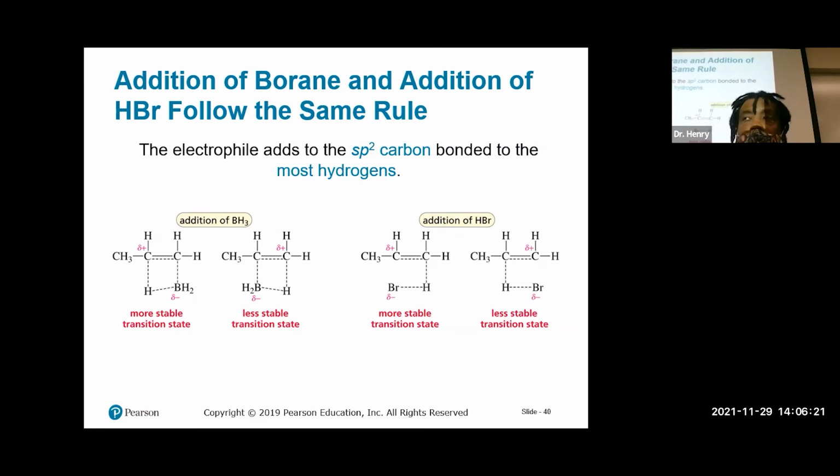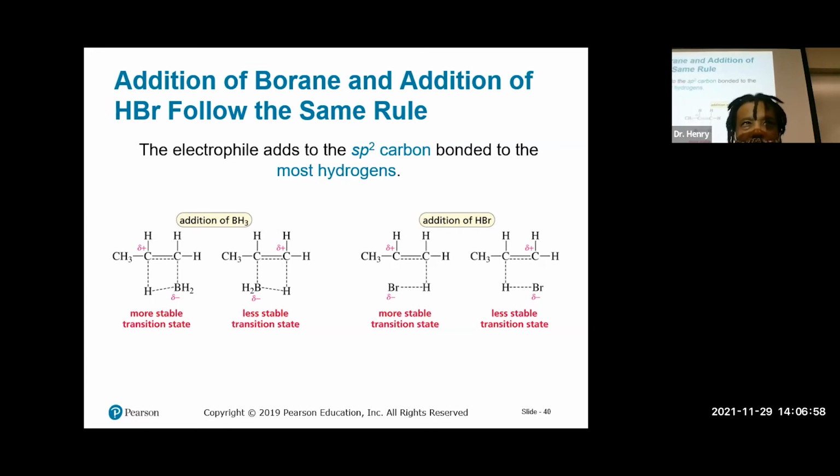Here it's just the opposite. The electrons are first transferred to the boron, and then the boron transfers those electrons to the hydrogen. So that hydrogen ends up with the negative charge as it attaches, while the carbon ends up with the positive.